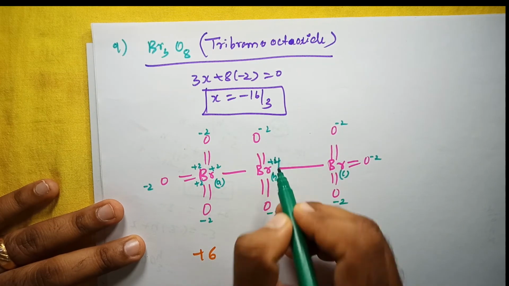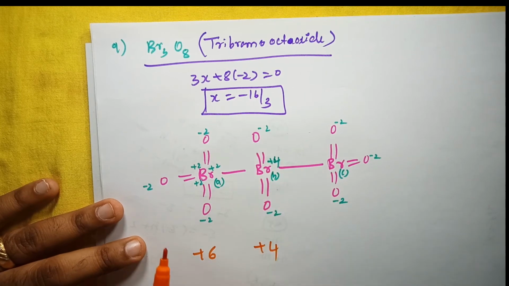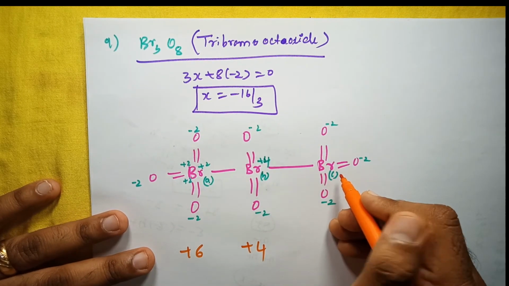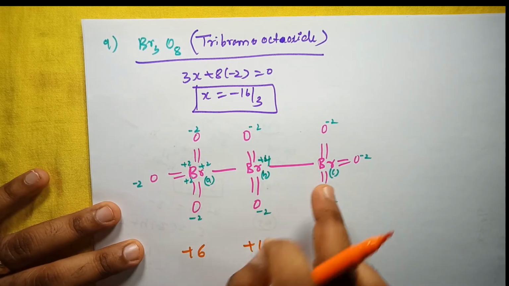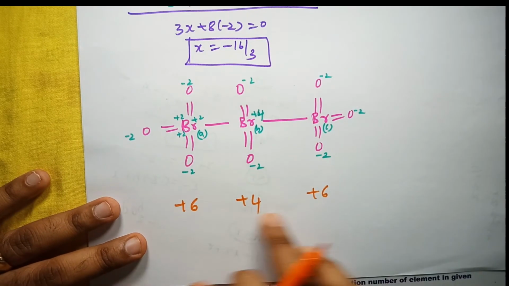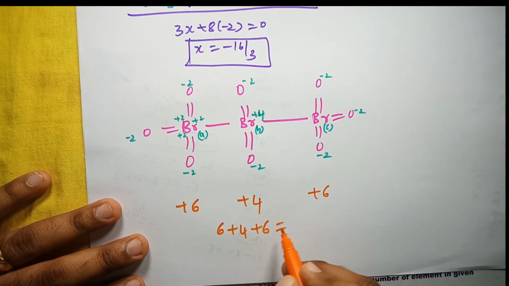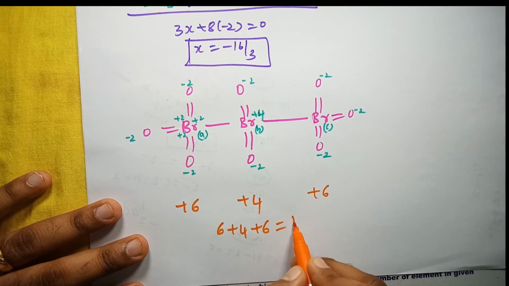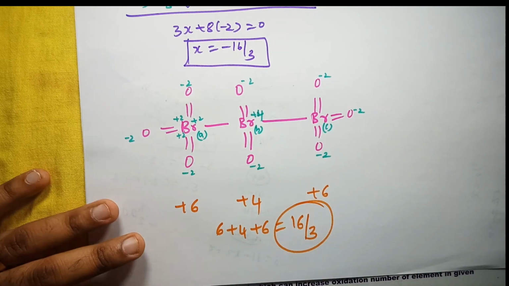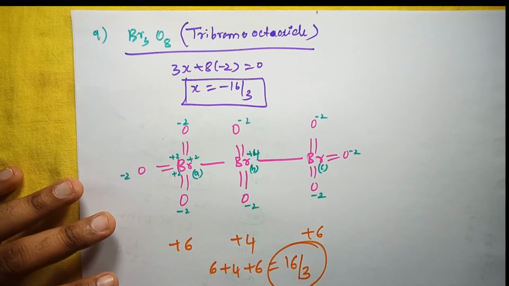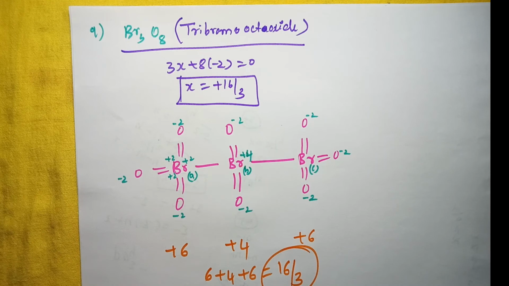So totally we get plus 4 for the B bromine atom. Then for the C bromine atom, similarly we get plus 6. Similarly, A and C are the same. Just add 6 plus 4 plus 6, totally we get how much? 16. How many bromine atoms are there? 3. So in this way we can get the answer. Is it clear friends? Sorry friends, this is plus 16 by 3.